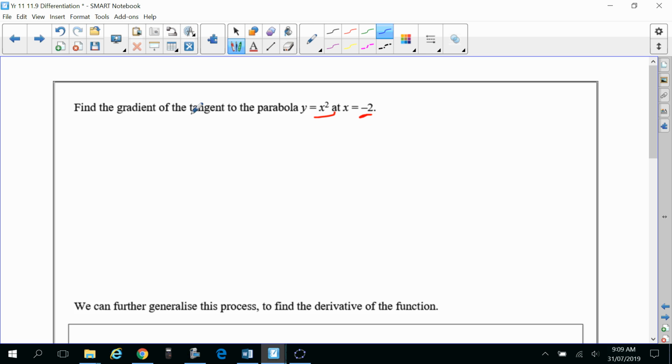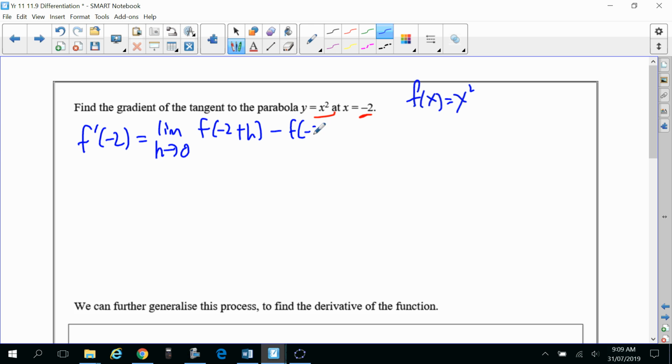Let's try that again. Remember, f of x is x squared. Let's formalize the process. You need to show this working in the exam. Do not skip working. Do not abbreviate anything because you will get things wrong. f of -2 plus h, I'm just using the formula, over h.